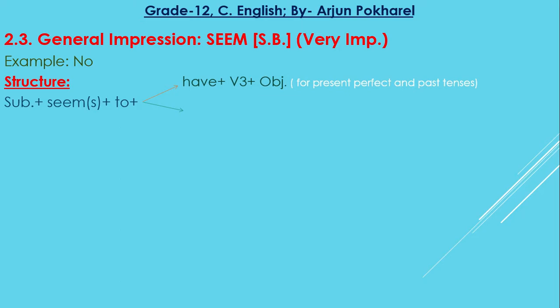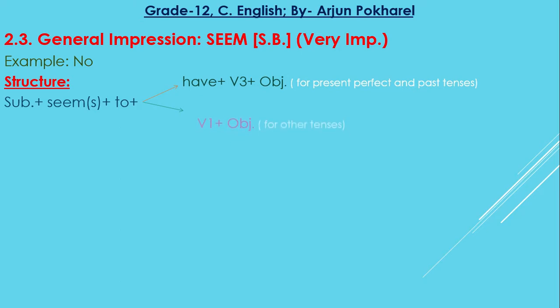Have plus p3 is for the past tense, and present perfect also gives the impression of a past, so have plus p3 plus object is used after subject plus seem or seems plus to.